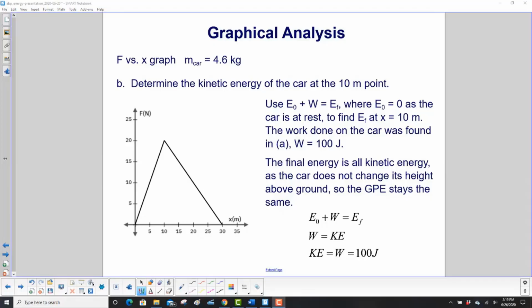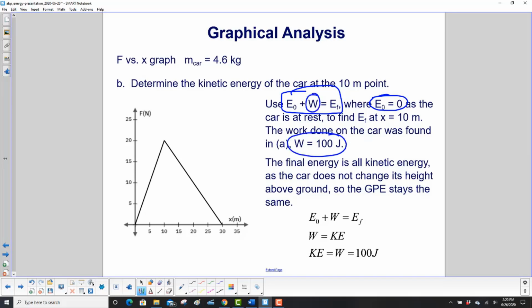Next, find the kinetic energy of the car at the 10-meter point. Use one of our favorite equations here, the work-energy equation. Initial energy plus work is final energy. The initial energy is 0. The car is at rest, and we're not going up or down any inclines. And we want to find E final at 10 meters. The work done on the car was found in part A, and that's 100 joules.